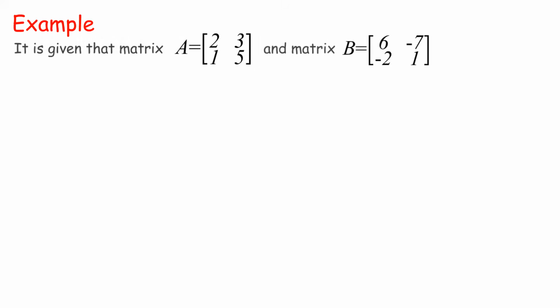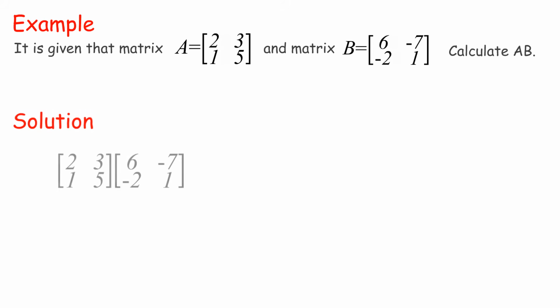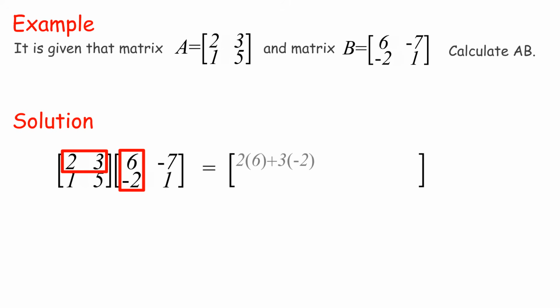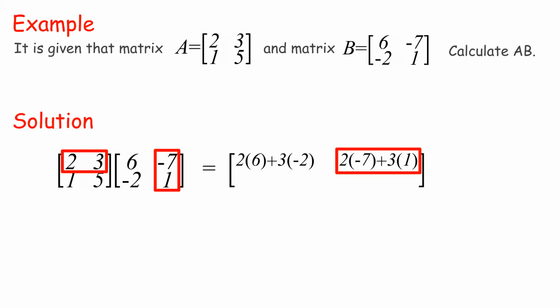Example: it is given that matrix A and matrix B. Calculate the matrix AB. Solution: the first row of the first matrix multiplied by the first column of the second matrix, 2 times 6, plus 3 times -2. The first row multiplied by the second column, 2 times -7, plus 3 times 1.